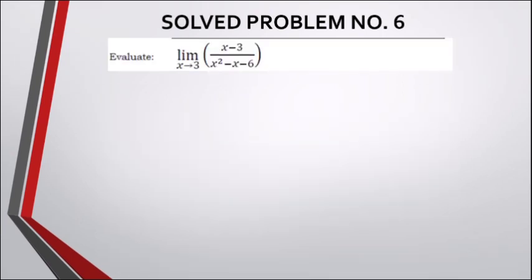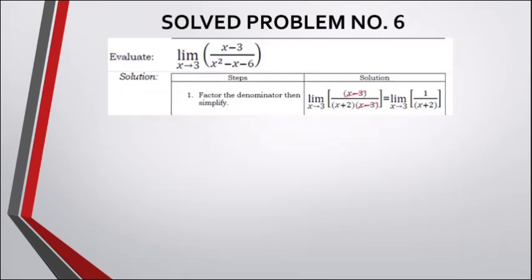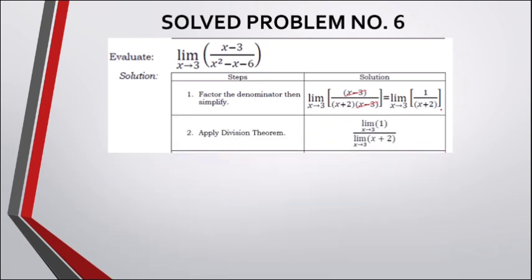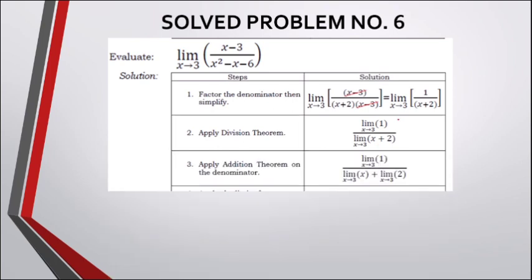Last given: what if you encounter this? First, you are going to factor. Then the common factors will cancel, and this is what remains. Apply the division theorem, so we separate them. Apply the addition theorem on the denominator. Since it is addition, we separate the terms.